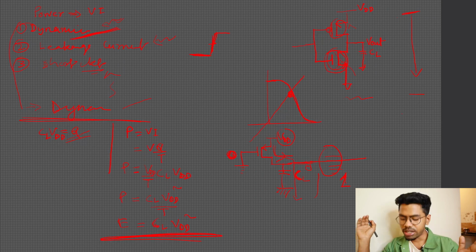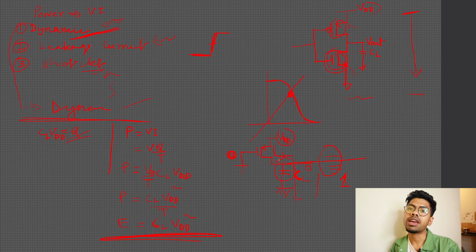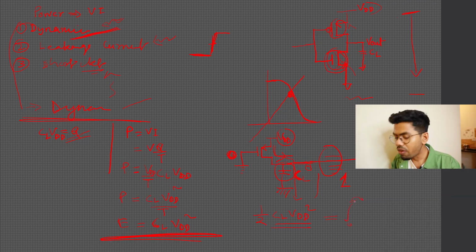Now the question is that we are drawing CL VDD square from our power source VDD, but how much energy is exactly stored by our capacitance? And to your surprise, it is actually half CL VDD square. How do I get this? I get this easily by just integrating power with time.